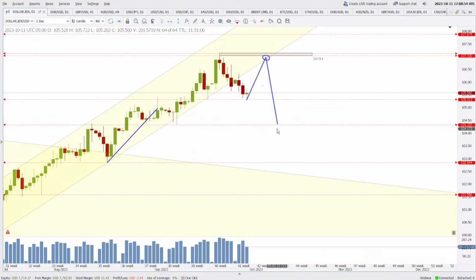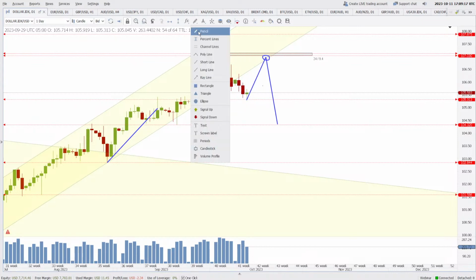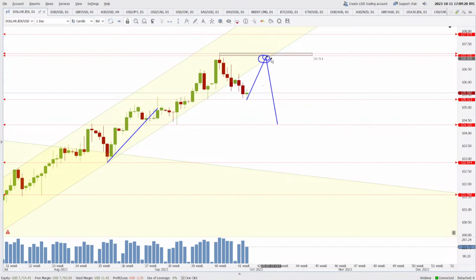If you agree with me, please let me know in the chat box. If you don't agree, then let me know what you think. So what I'm expecting is that since the buyers are very aggressive here, they may be able to push prices back towards 107.03. But since the sellers from here are also so aggressive that they are able to push prices lower than this low, yes, they will come again to protect their area of interest, whichever selling opportunity they get here.